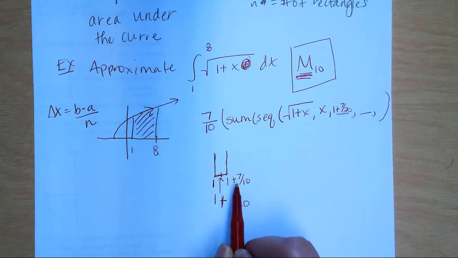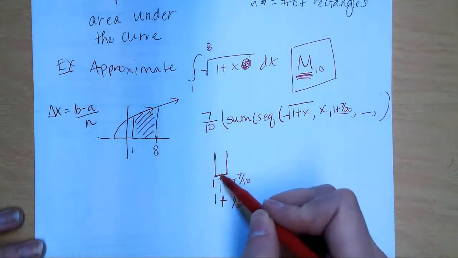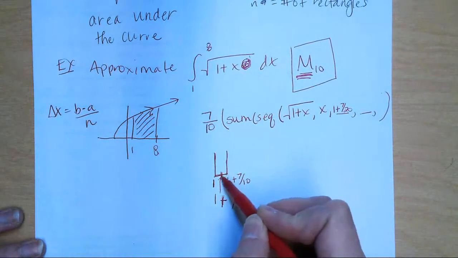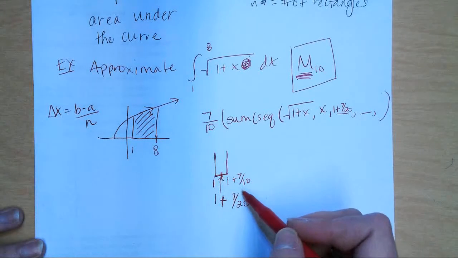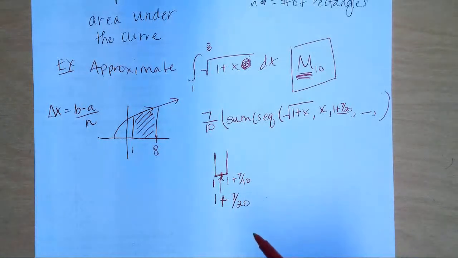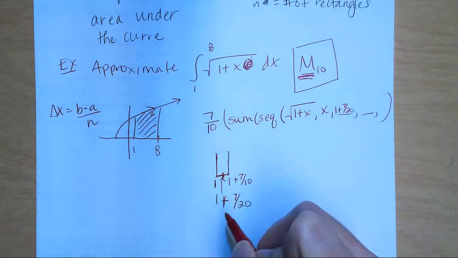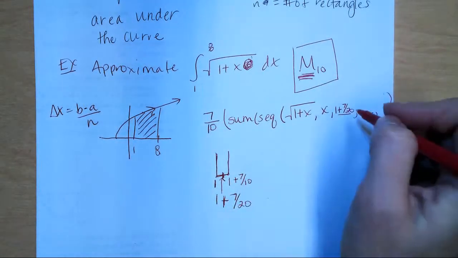For the last one, the right side of that block is 8, and the left side would be 8 minus 7/10. But for middle, you're always going to pick the middle one. So 1 plus 7/20.